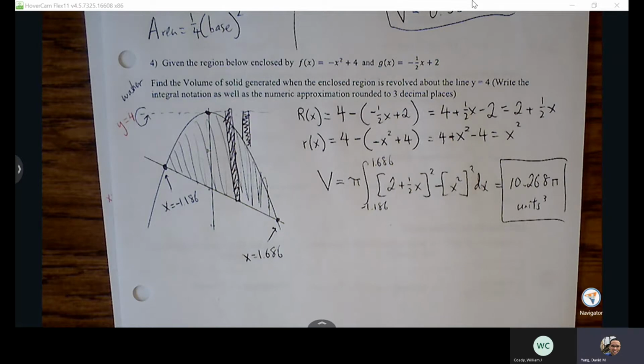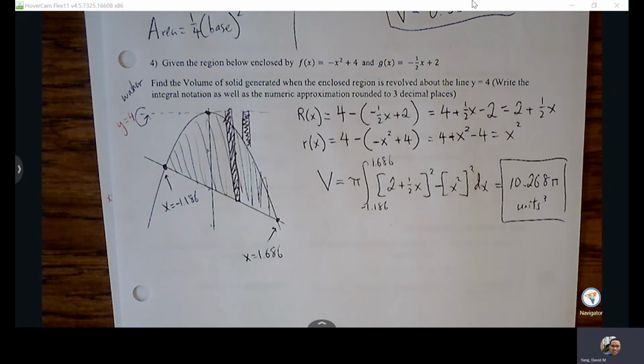Right, so the y-axis is parallel. If you know what the x value is at any point, you can always just plug that x value in for where the highest y value is.